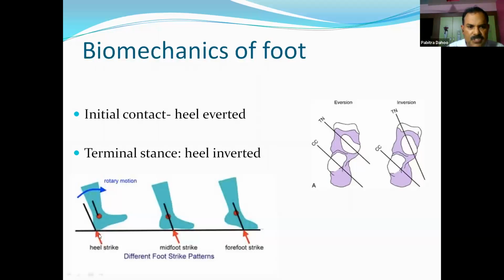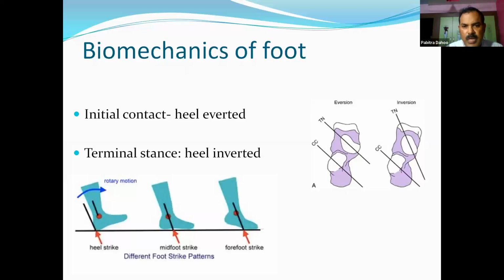If you look at this picture, during heel strike the foot must be valgus, supple enough to absorb the ground reaction force. And during the toe-up stage, the calcaneocuboid joint and talonavicular joint must be divergent to keep the foot inverted and rigid enough so that the foot will help in propelling the body weight.